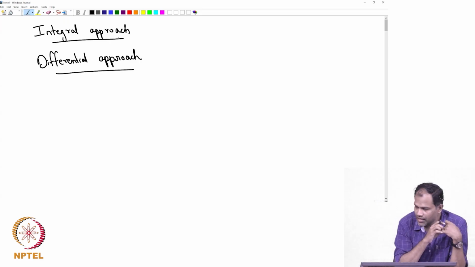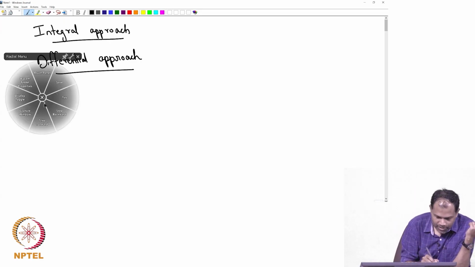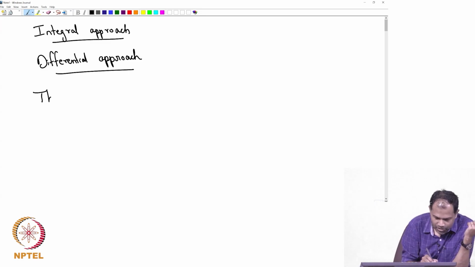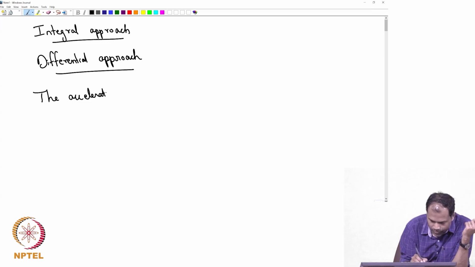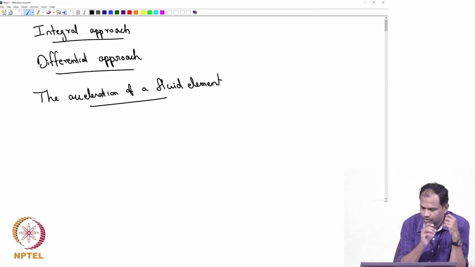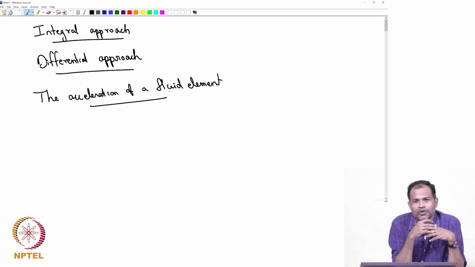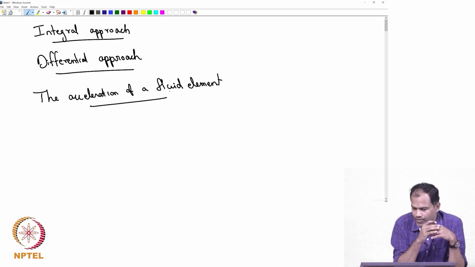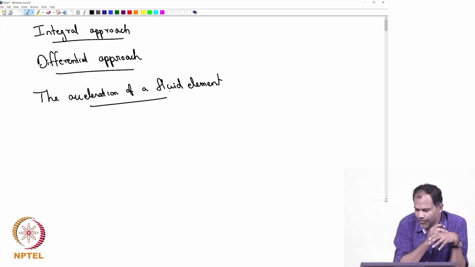The first thing that I want to define is the acceleration of a fluid element. So, let us say you have some arbitrary flow, and you can define then a velocity field.